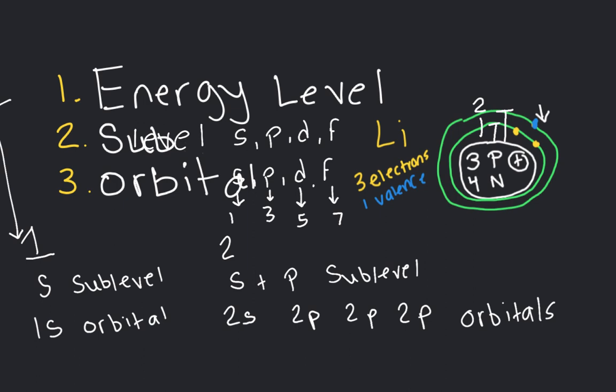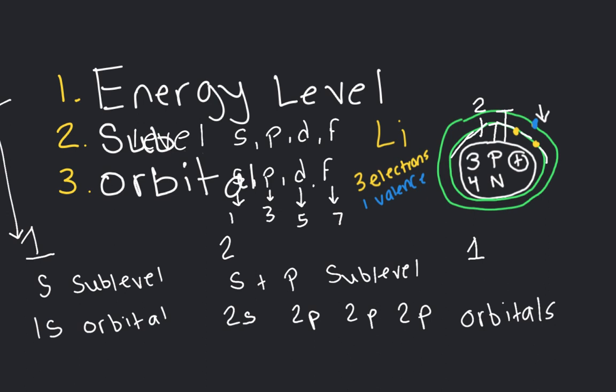Now you'll notice in energy level 1, there's 2 electrons that are situated in this first ring right here. And so we would write a 1 for energy level 1 if we were writing its electron configuration.